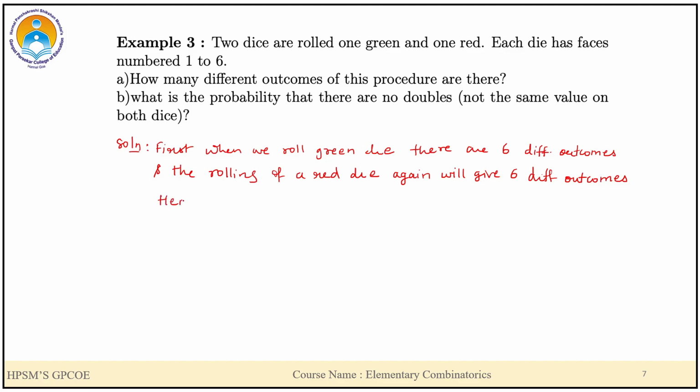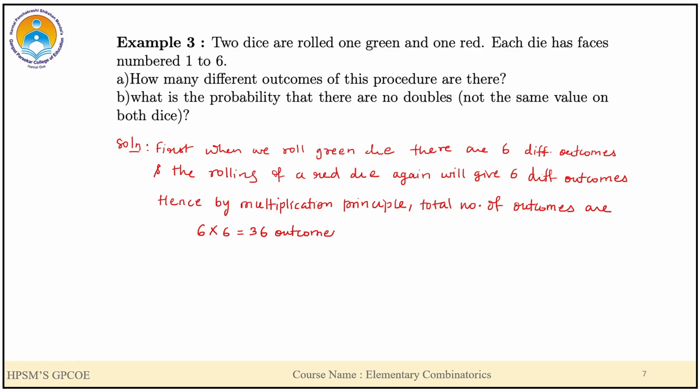Hence, by multiplication principle, the total number of outcomes are, you can see that when we roll the green die there are 6 different outcomes, and when we roll a red die again it gives 6 different outcomes, so there are a total of 36 different outcomes when we roll 2 dice. So this is the solution for part A.